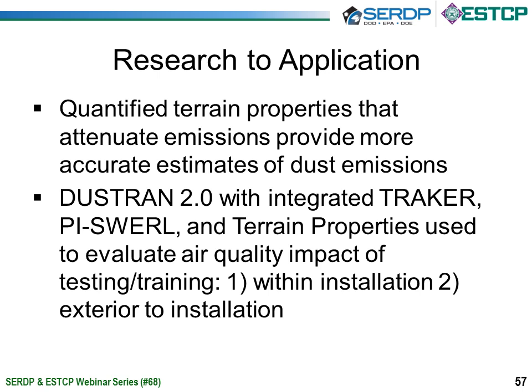The DustTran model is integrated now with, and can pull in, Tracker data, PI-SWERL data, and the terrain properties, so it can be used to evaluate the air quality impact of testing and training, both within an installation and exterior to an installation at downwind communities potentially.